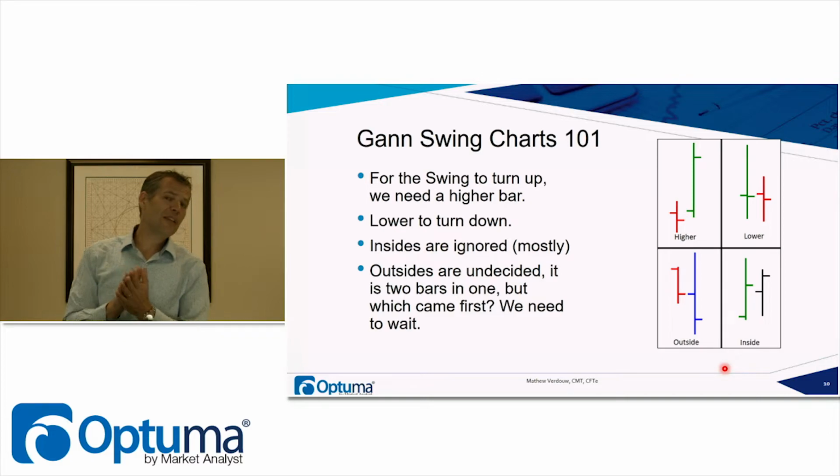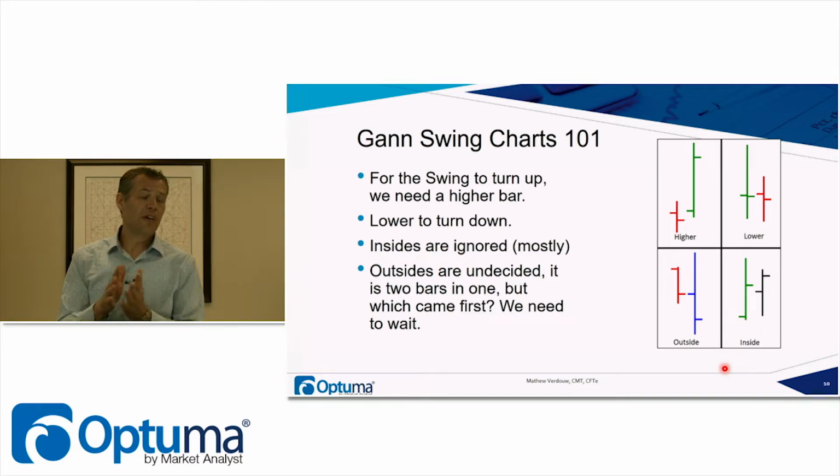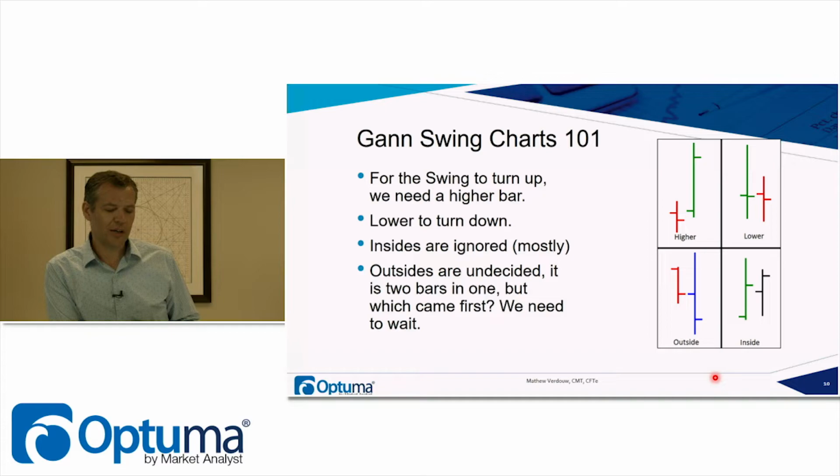Another way that some people look at this is just to look at the relationship of the open and the close of the outside bar. I think in Optuma we call it the outside bar method, rather than the next bar method. We say, all right, the close is lower than the open, so we assume that it went high first and then went down. If it was the other way around, the close was higher, we assume that it went down first and then went higher.